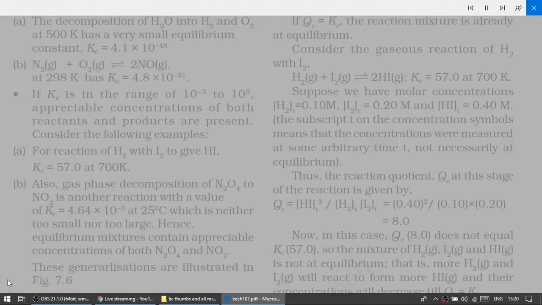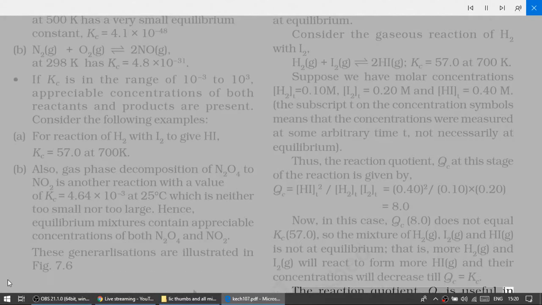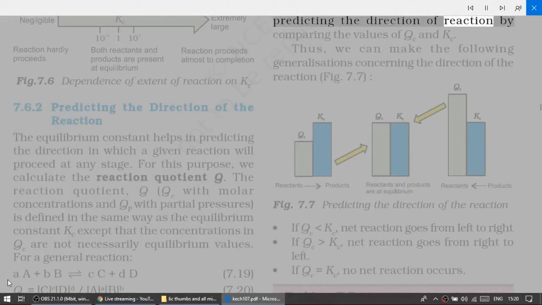The reaction quotient Qc is useful in predicting the direction of reaction by comparing the values of Qc and Kc. Thus, we can make the following generalizations concerning the direction of the reaction.